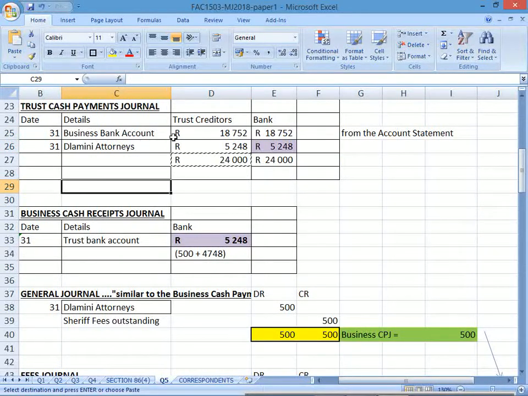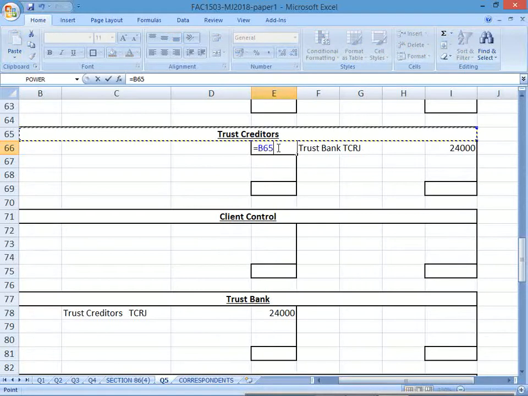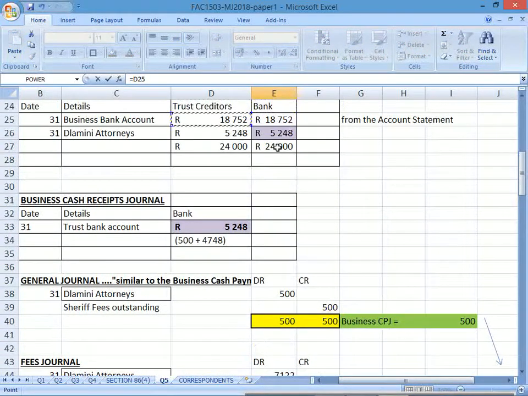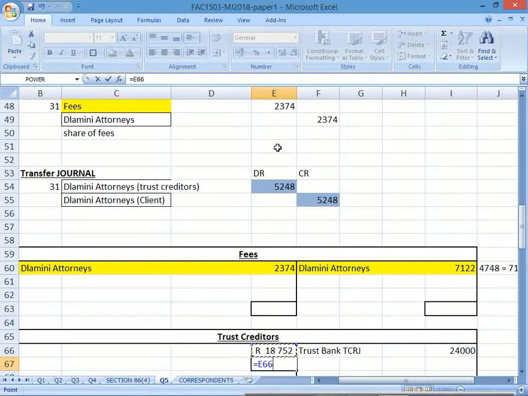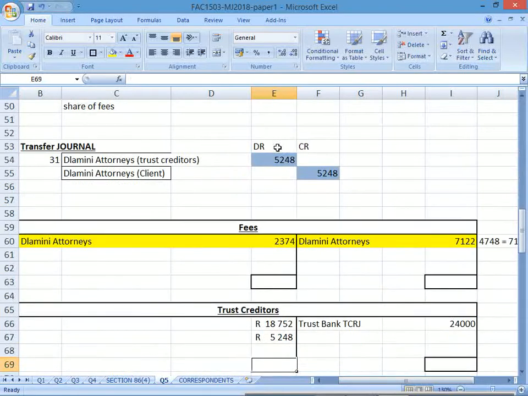Okay, because let's record the totals. I would have just recorded this cash payments as the total payment, 24,000. If I had to record that in my trust creditors, I would have shown 24,000 here, but I split it into two. So I'm going to show them separately. There's the one. And there's the other.